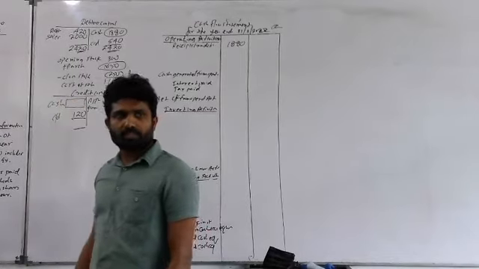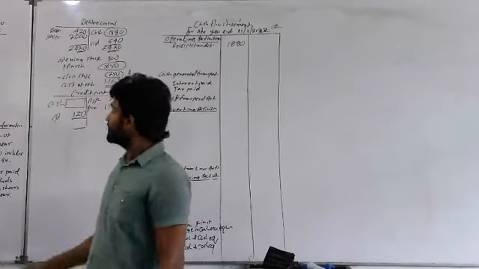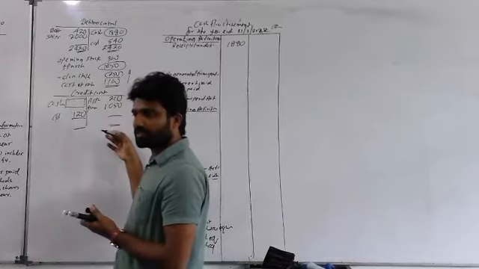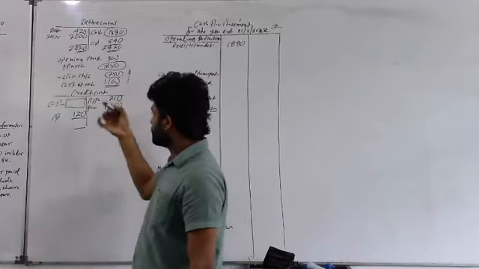How did I convert cost of sales to payment to creditors? I think always you can use this calculation. You can use this calculation in this way.